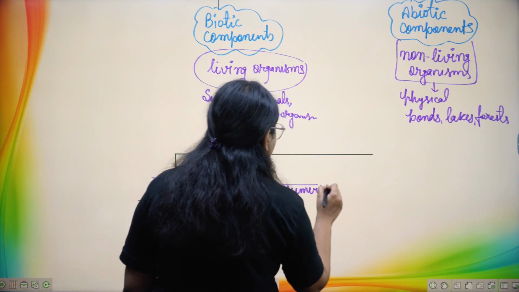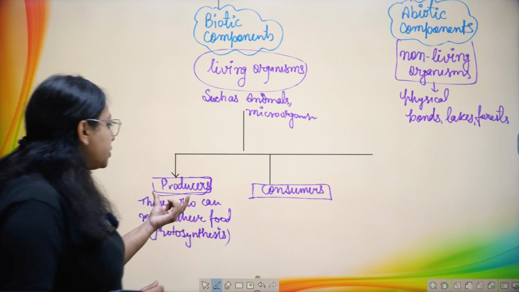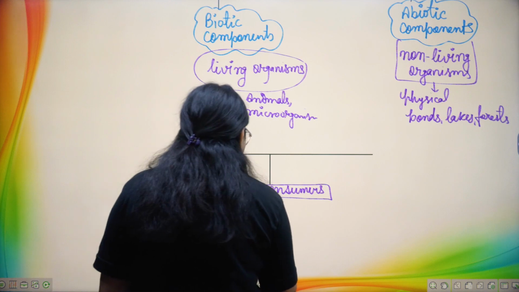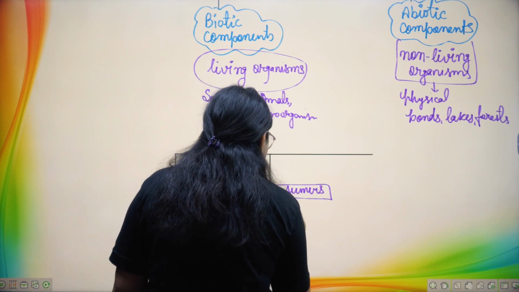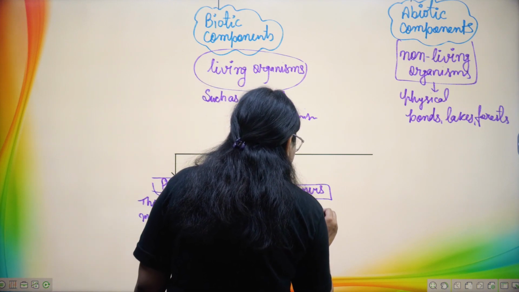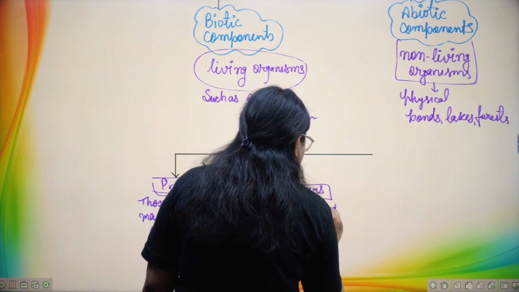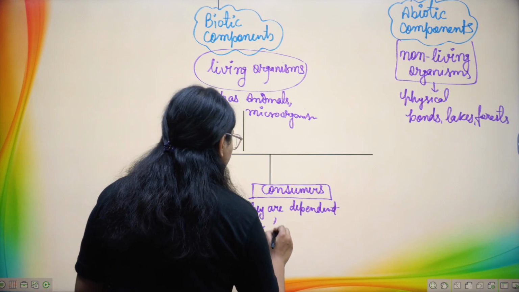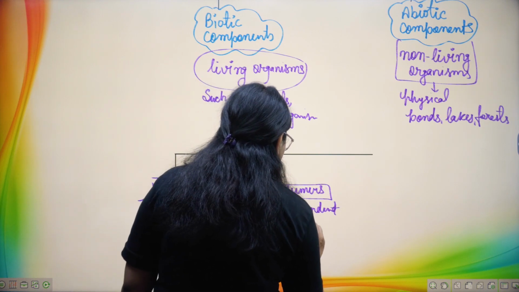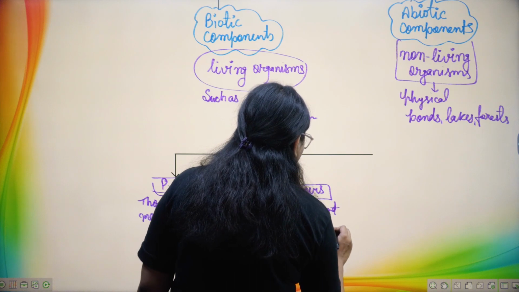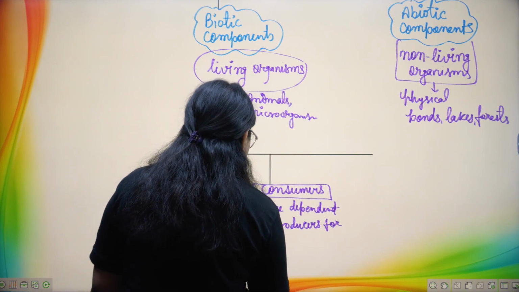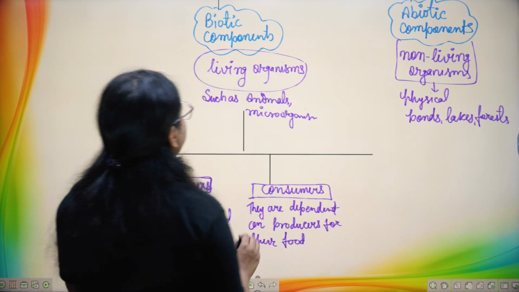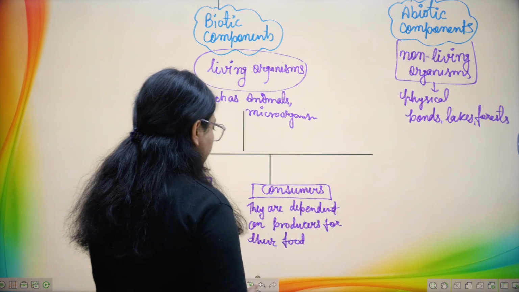Producers make the food and consumers consume it. This means they are dependent on the producers for their food.